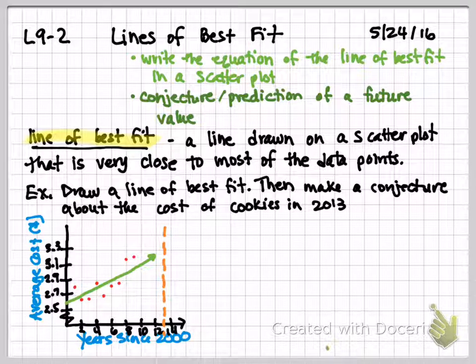So if I take my line and I just extend it, I get an intersection of right about there.